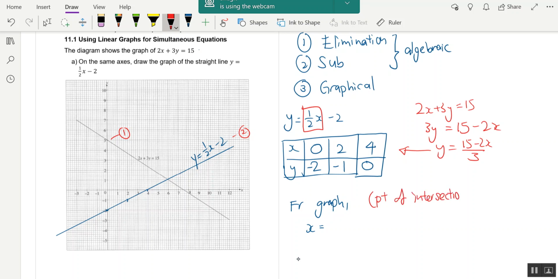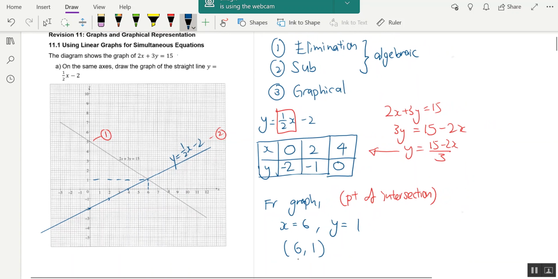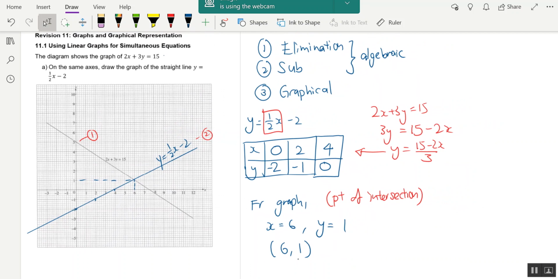The solution of simultaneous equations is always the point of intersection. So over here, x = 6, y = 1. If they ask for the coordinates, then you express it in coordinate form, which is (6, 1). If not, always represent it as x equals something, y equals something.